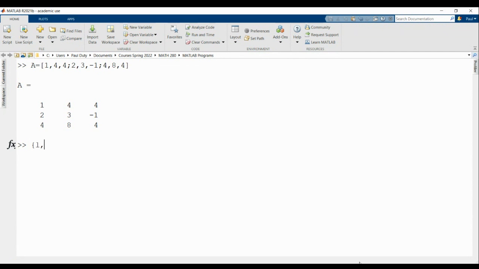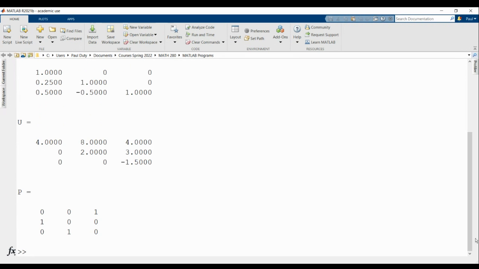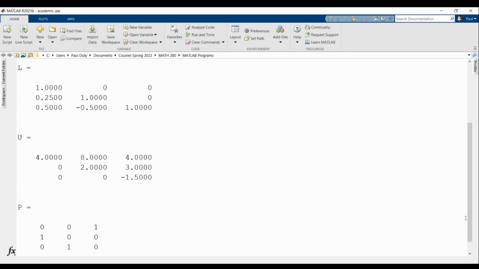Left bracket, sorry, that symbol there. L comma U comma P equals LU of the matrix A. This is MATLAB's LU factorization. Okay, and here are our results.